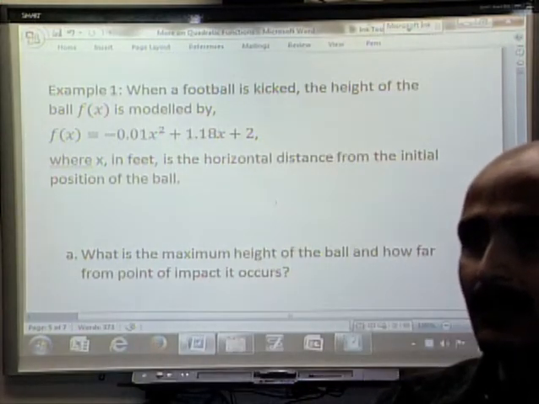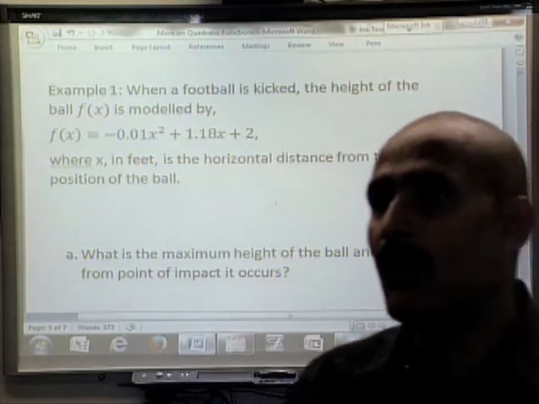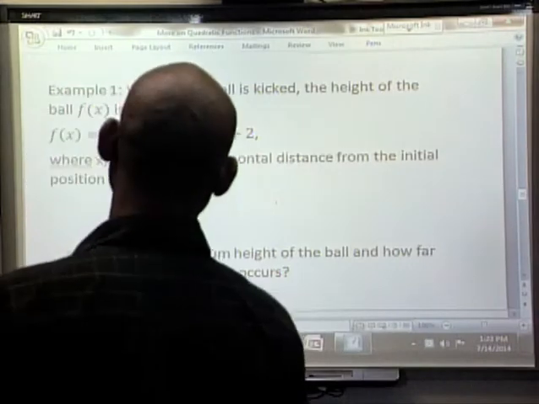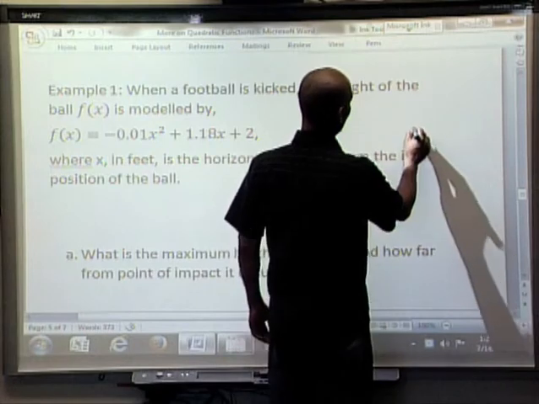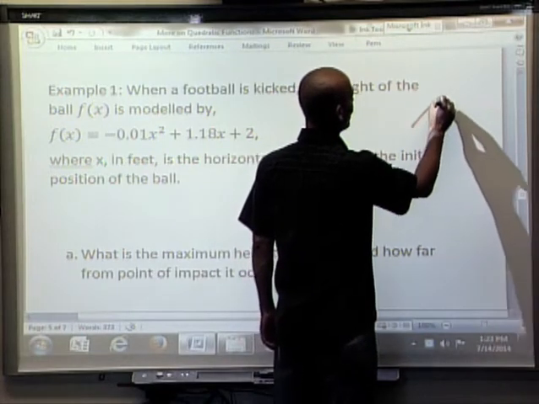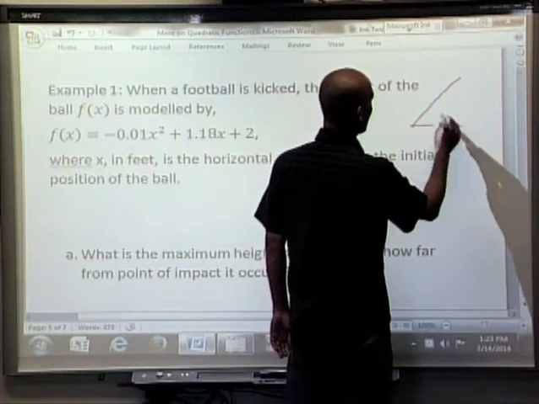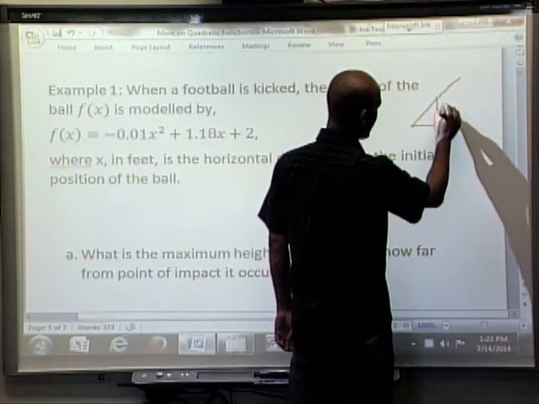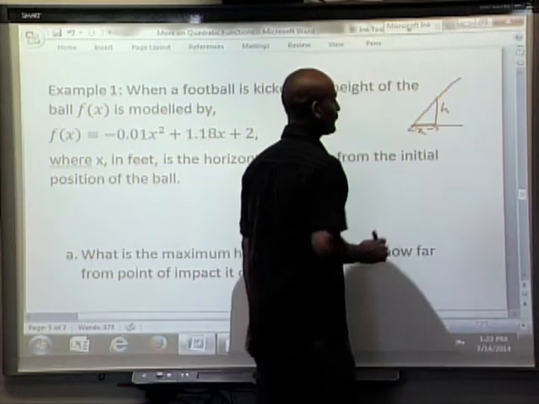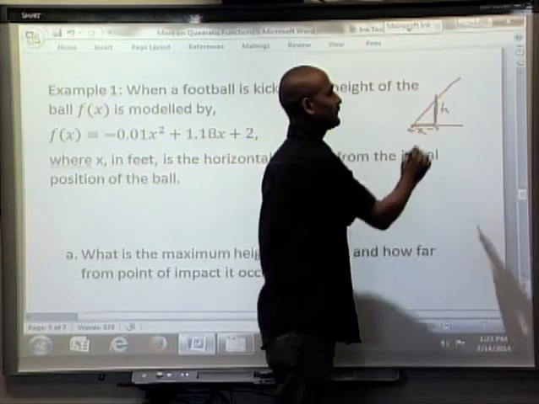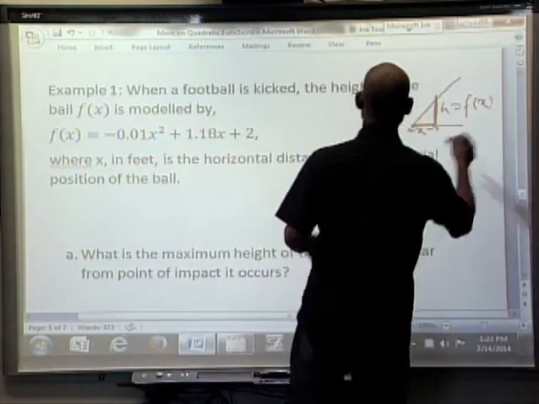So, basically a soccer ball or football is kicked. The height of the ball f of x is modeled by this formula. The ball is kicked from here, it goes up and up. I do not know how it goes, we will figure it out. x is the horizontal distance of the ball, and the vertical distance of the ball is the height, which is given by f of x.